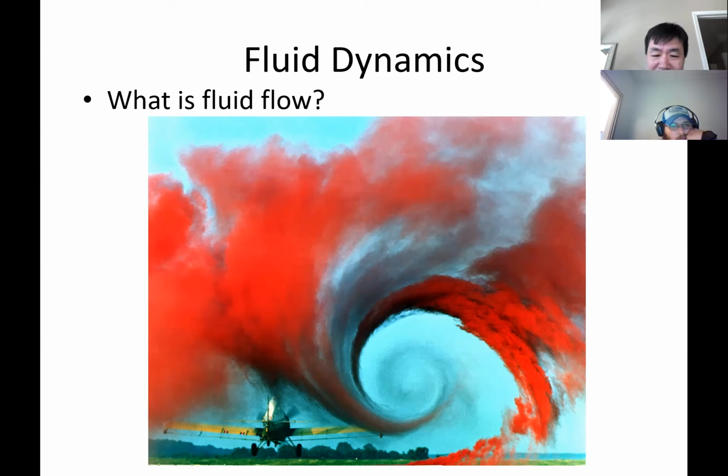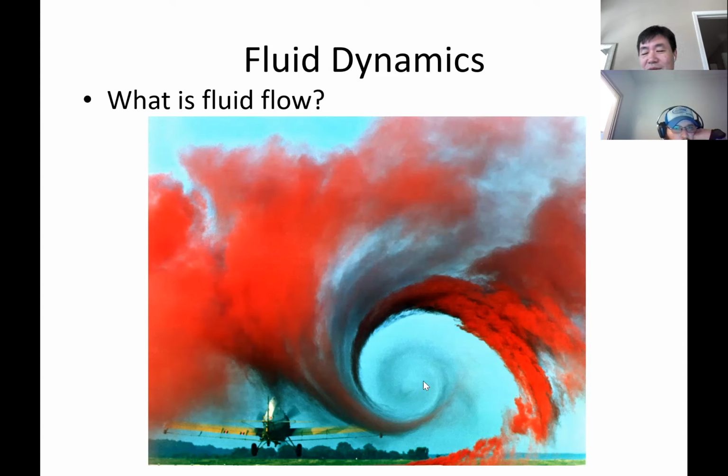Even a small airplane like this creates a circulation like this. It's pretty much like a tornado. Does it look like a tornado to you? Or maybe a hurricane, a lower strength, smaller one. All the circulations, all the vortices are basically the same, but the difference between different vortices is the strength.